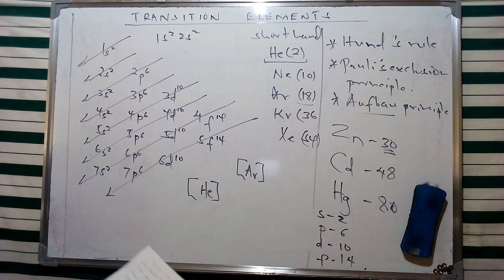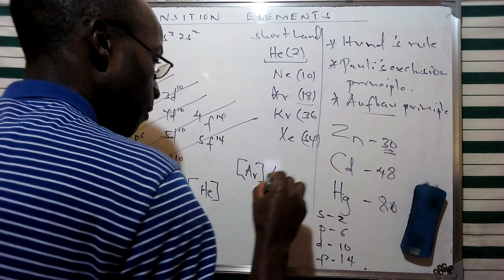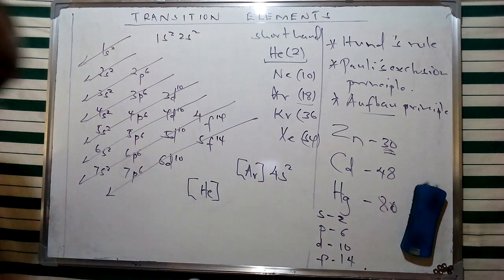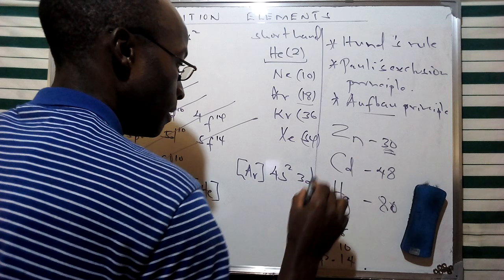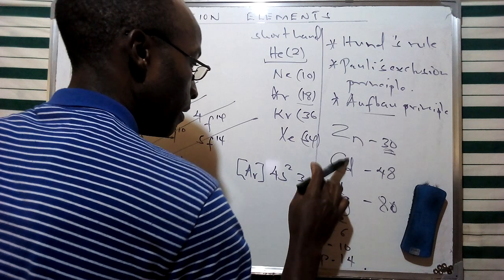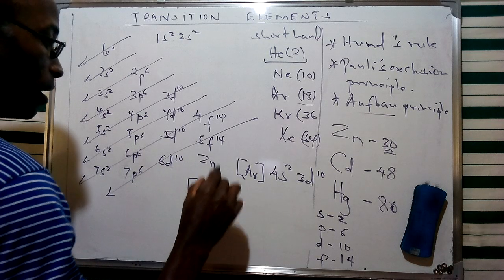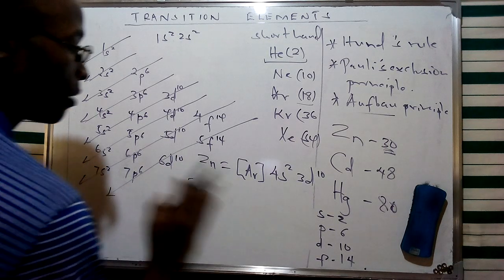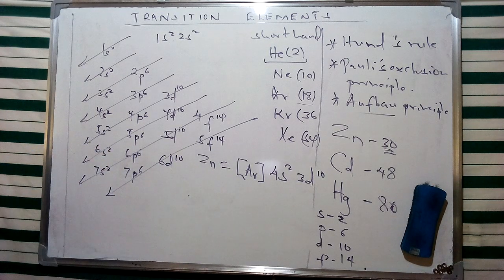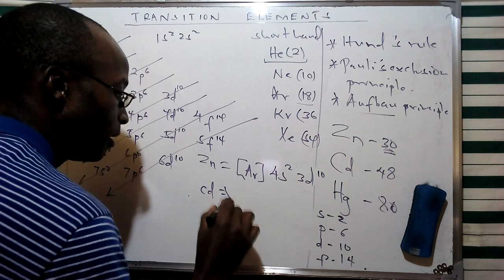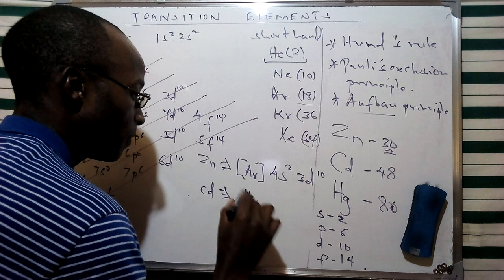So the electronic configuration of zinc is going to be argon, and then 4s2, and then 3d10, given in that particular order. Then we shall have the configuration for cadmium given as krypton.